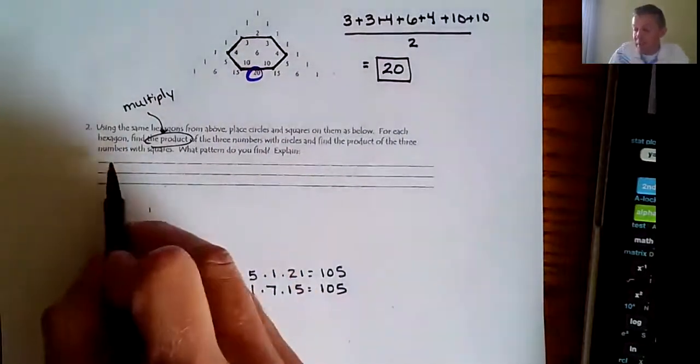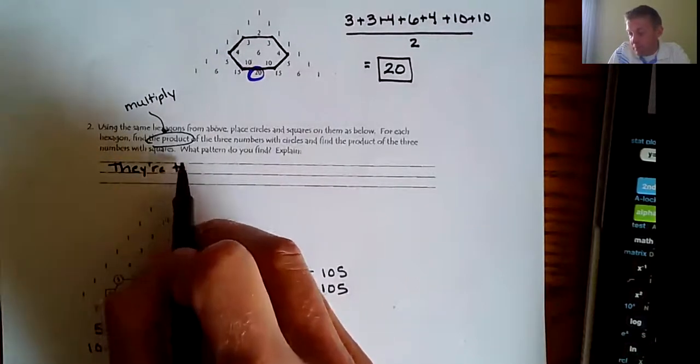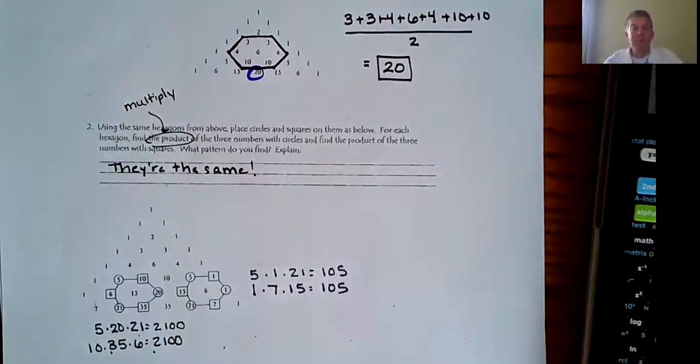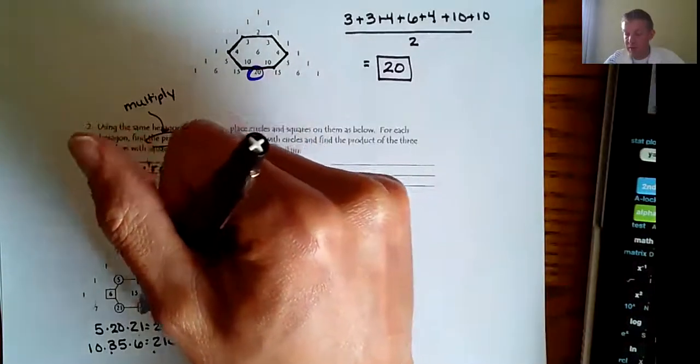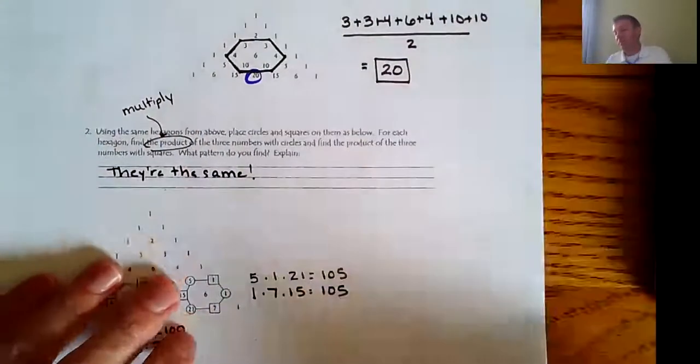So the pattern is they're the same. Just another crazy coincidence that shows up in Pascal's triangle. If you alternate circles and squares, multiply the circles together, multiply the squares together, in that hexagon, you're always going to get the same answer. Crazy. Okay, last one.